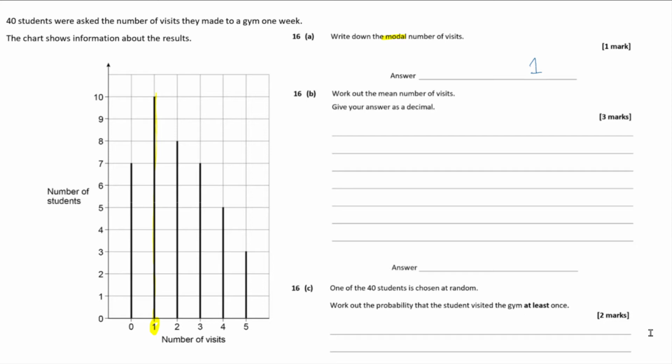Work out the mean number of visits. Give your answer as a decimal. Okay, so the mean number of visits is the total number of visits divided by the total number of students. In order to work this out, it's not quite as straightforward. I'm going to have to make a little bit of a frequency table first, with visits and students.